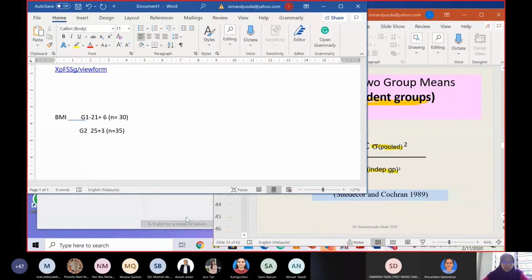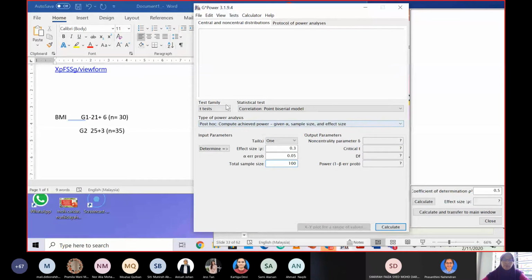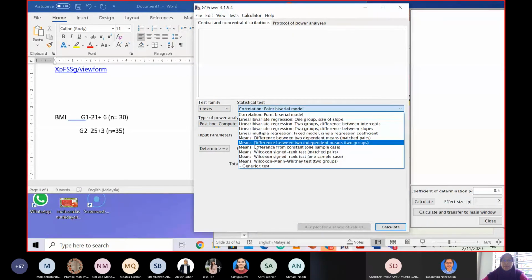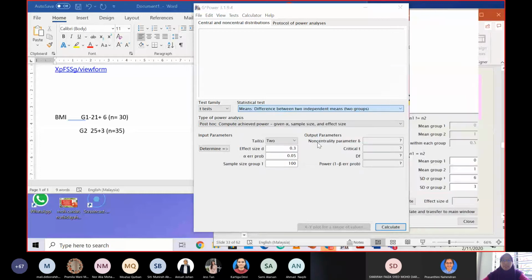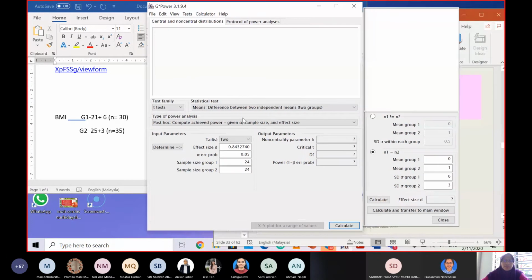Okay. However, by using G*Power, okay, T-test, means, two independent means. Alright, so in here, tails 2. For those who want to use 1, you can change to 1, but in these examples, I use 2 tails.